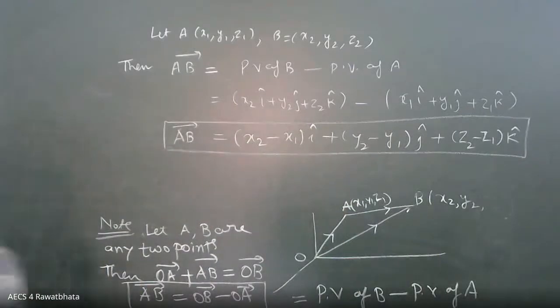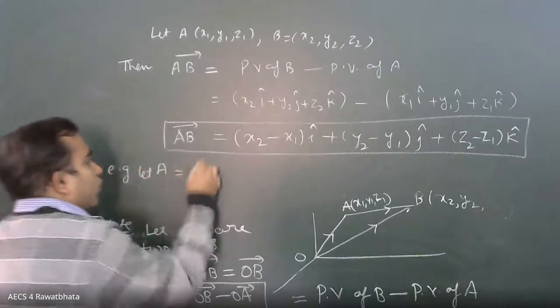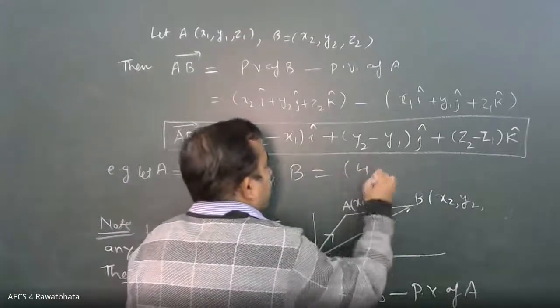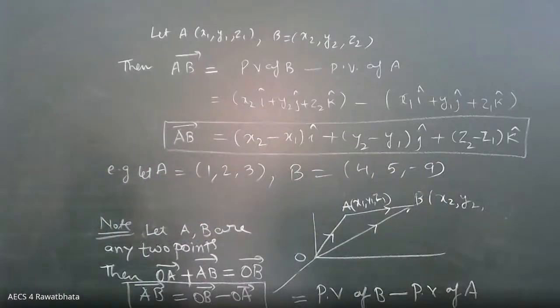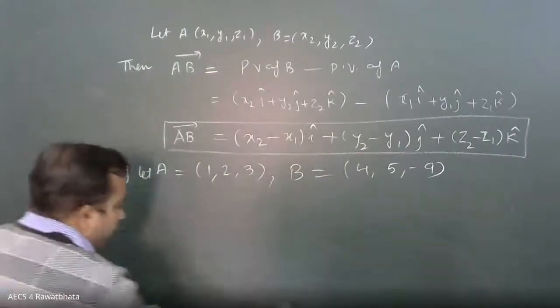Right, correct. Let me ask with an example. Let a is equal to 1 2 3 and let b is equal to 4 5 minus 9. Now tell me what should be AB vector. Among the boys, anyone?